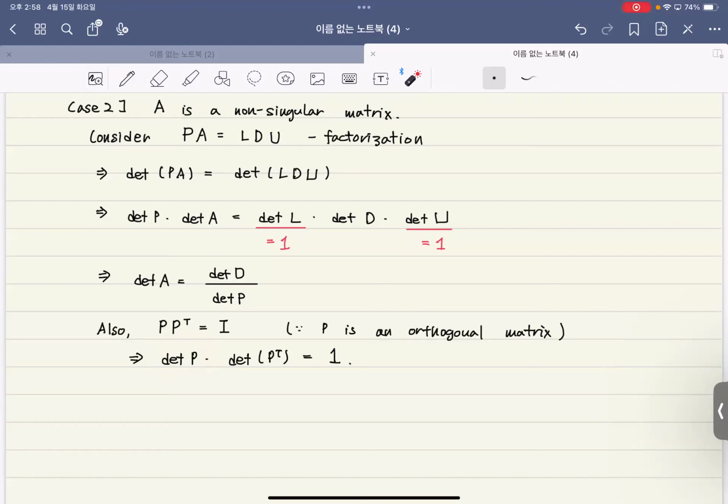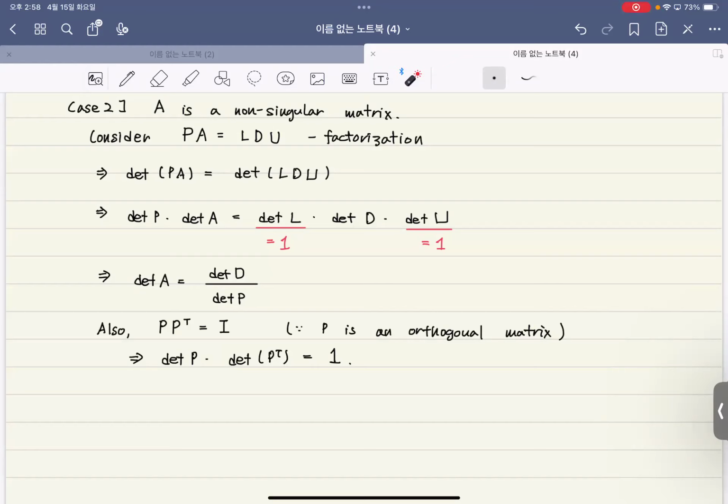The determinant must be a real number. So therefore, I claim the determinant of P must be plus or minus 1.